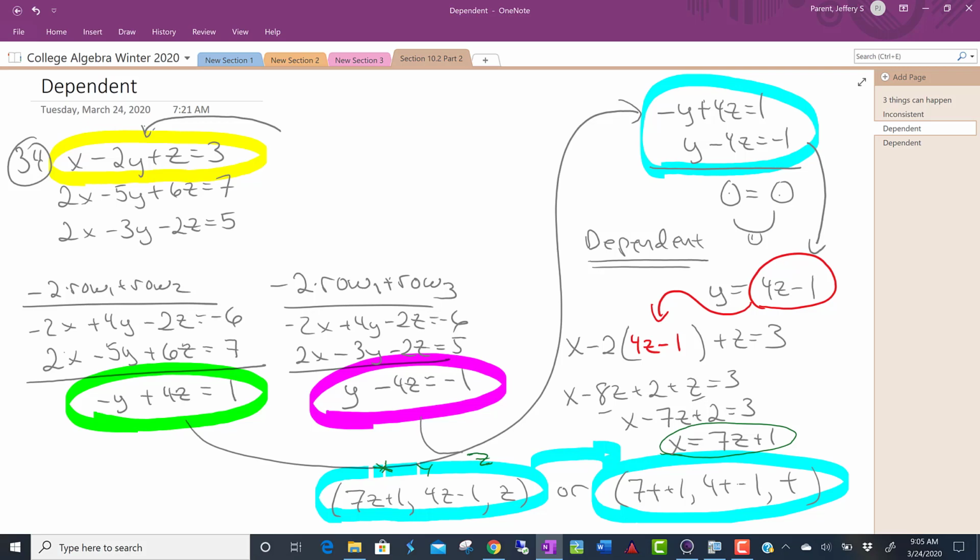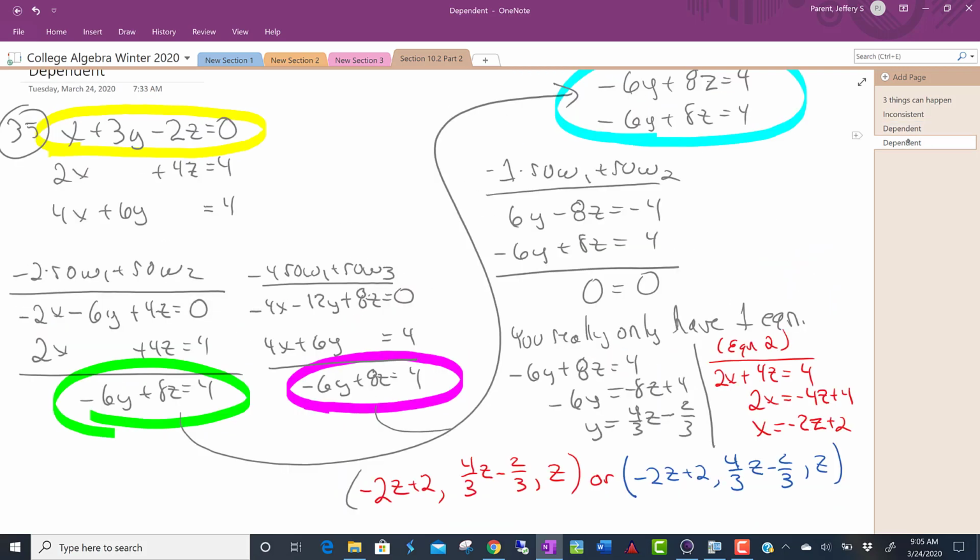For now, let's just take a look at one more like this, and that's problem number 35. And part of what I want to do in problem number 35 is just review what you do solving a 3x3 system of equations. But honestly speaking, if this were me and I was trying to solve this as fast as possible, I'd probably notice that I'm missing a y in that second equation, so that if I get rid of the y in the third equation, then I'll have my 2x2 system of equations.